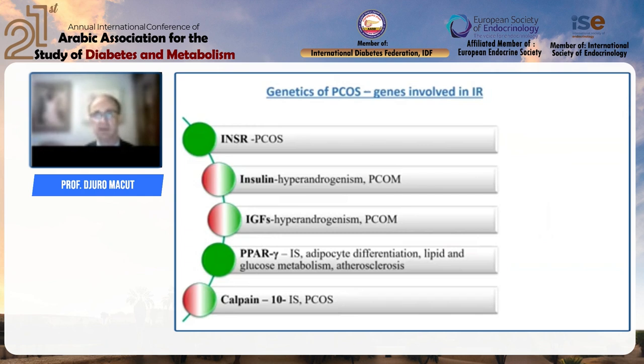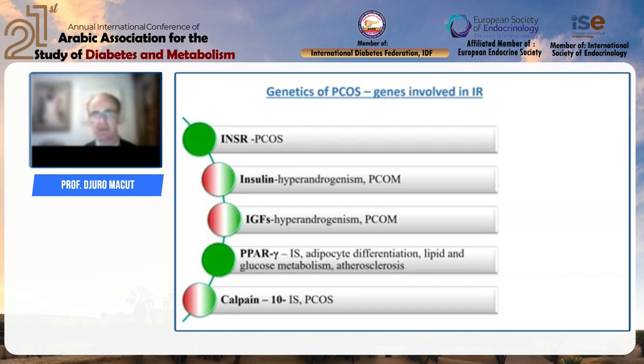There are some genes that are involved in insulin resistance. Today, we mostly consider the insulin receptor gene, and also PPAR gamma. Both of them affect insulin sensitivity.